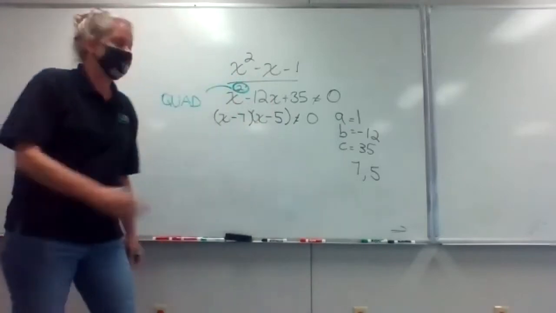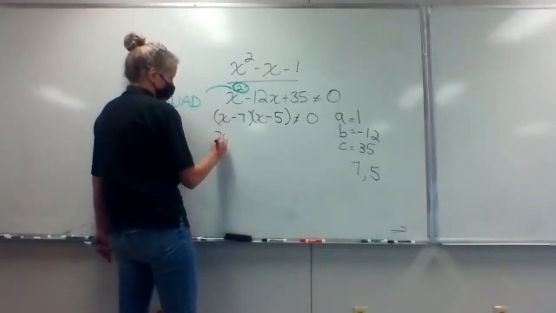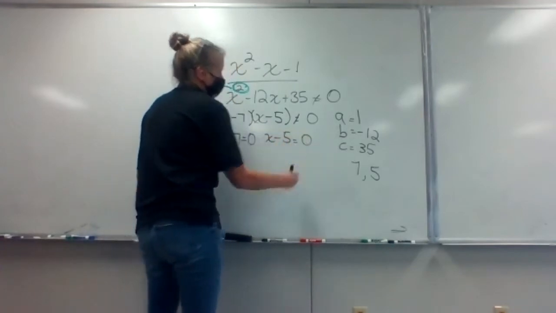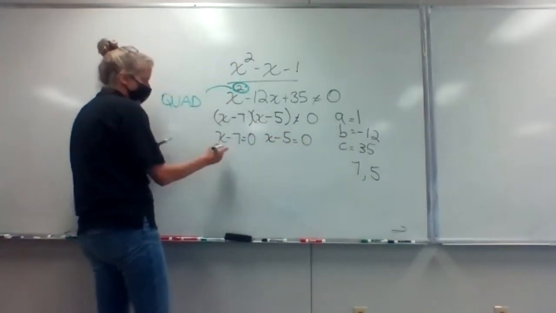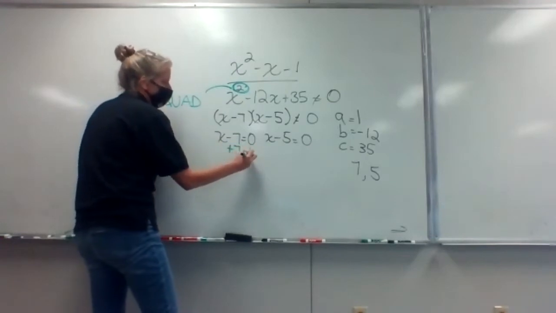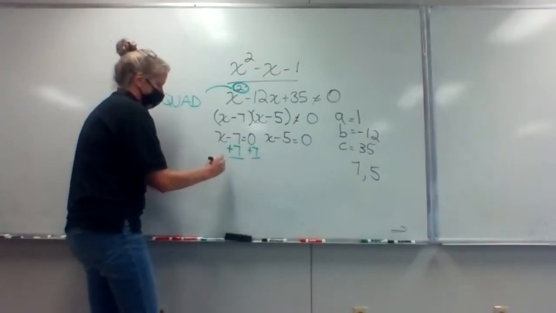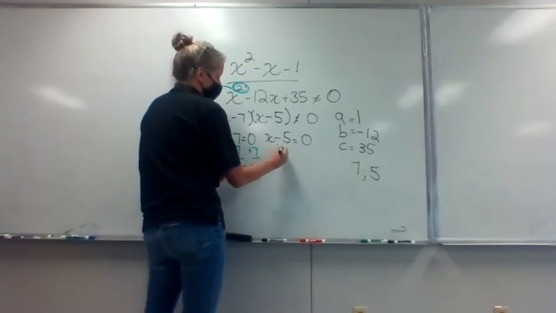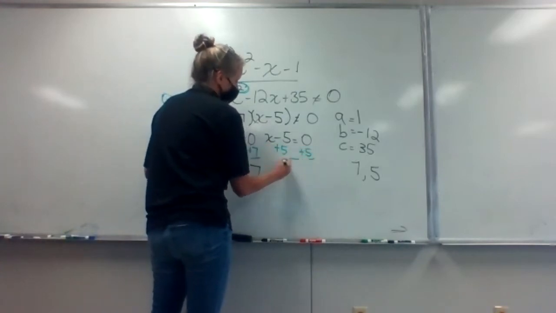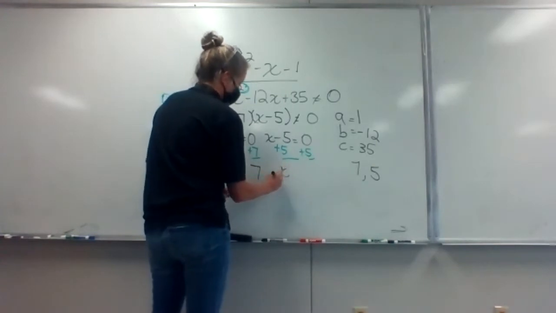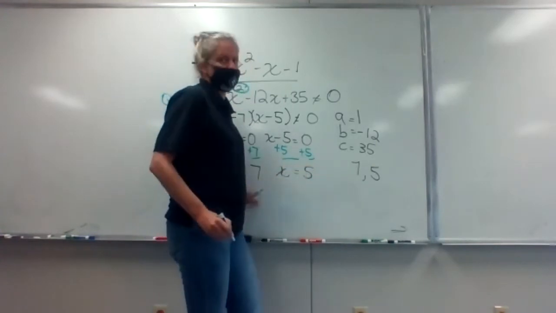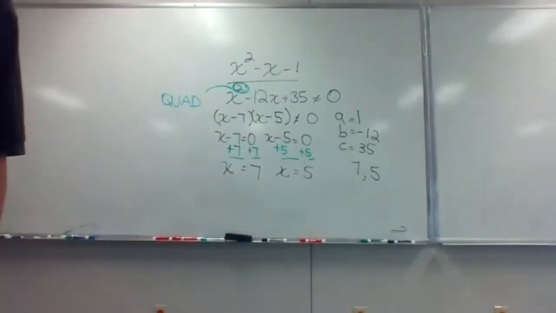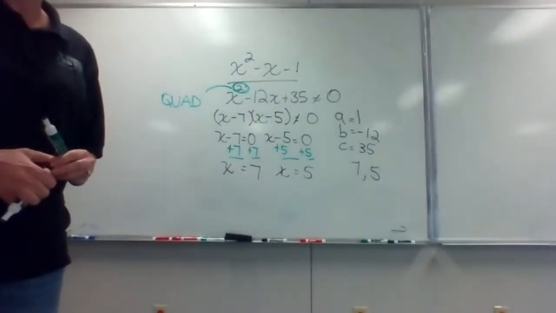Set them equal to 0. That's what turns them in. When I solve them for the x's by adding 7 here, that's what gives me x equals 7, and adding 5 here to get x equals 5. So 7 and 5 are the values that make the expression undefined.